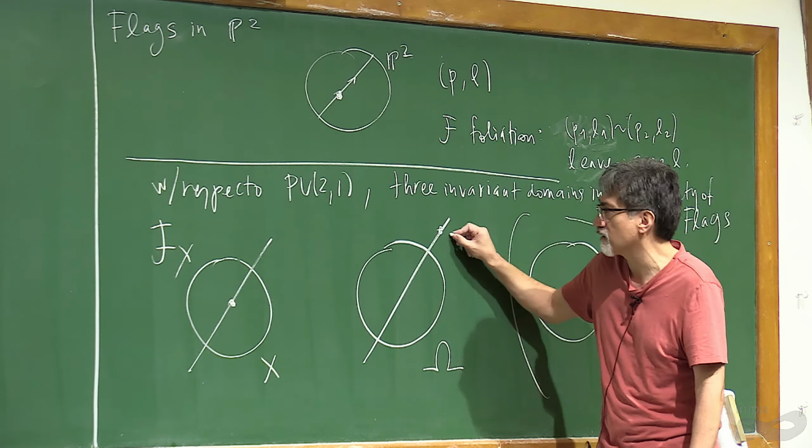I can take this quotient of X by Γ, and I can take my Ω and quotient it by Γ. Okay? Since I took a compact lattice, and my group PU(2,1) acts both on X and on Ω with compact stabilizers, my quotients will be compact manifolds. So these two are compact manifolds.